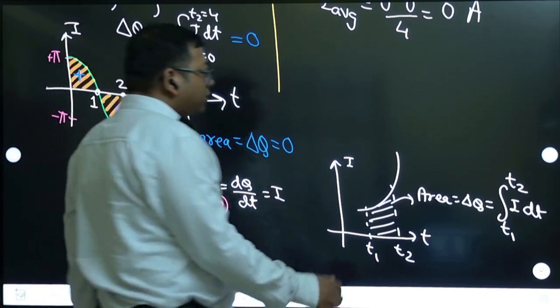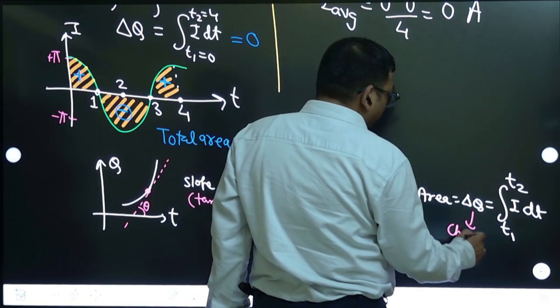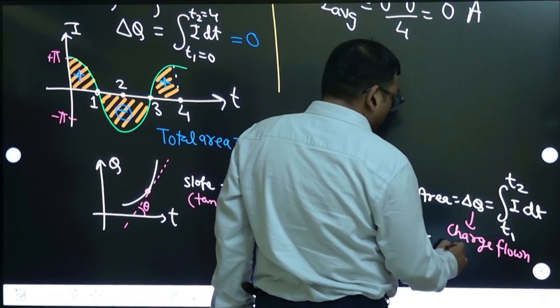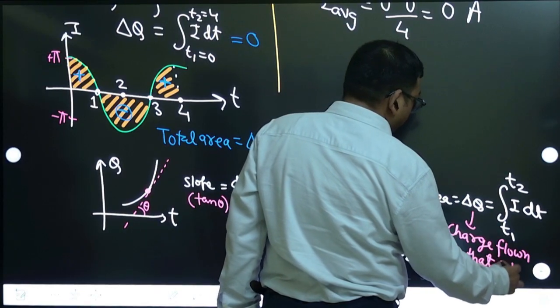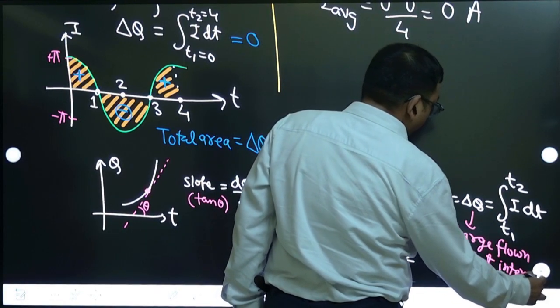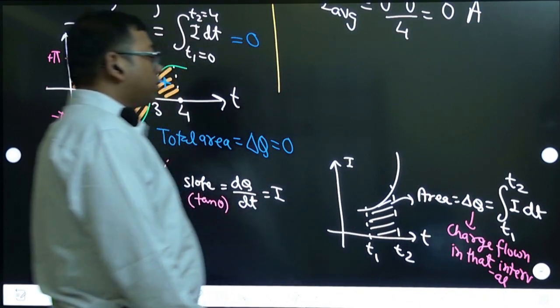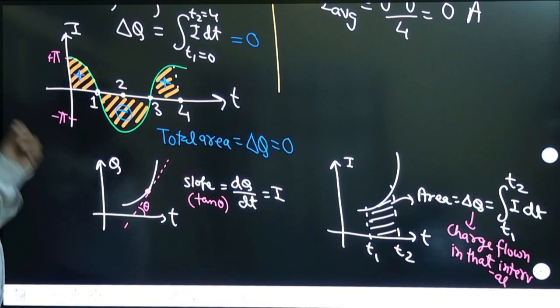Delta Q is the charge flown in that interval. Clear?